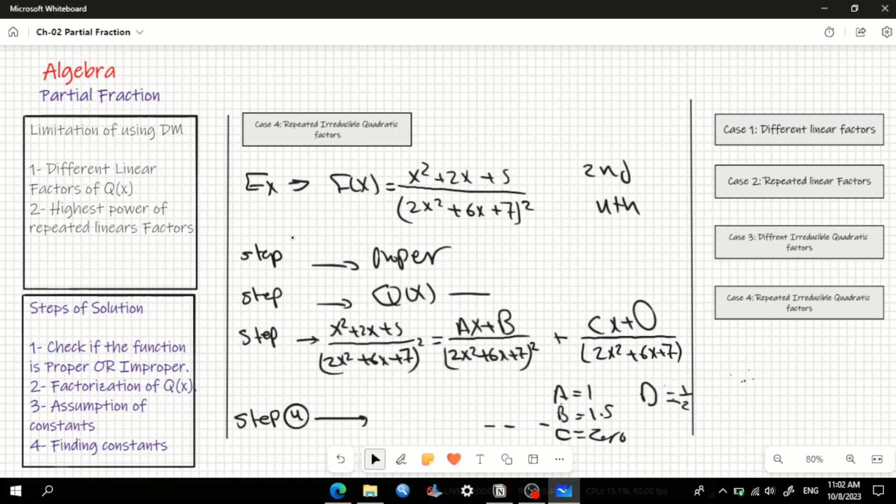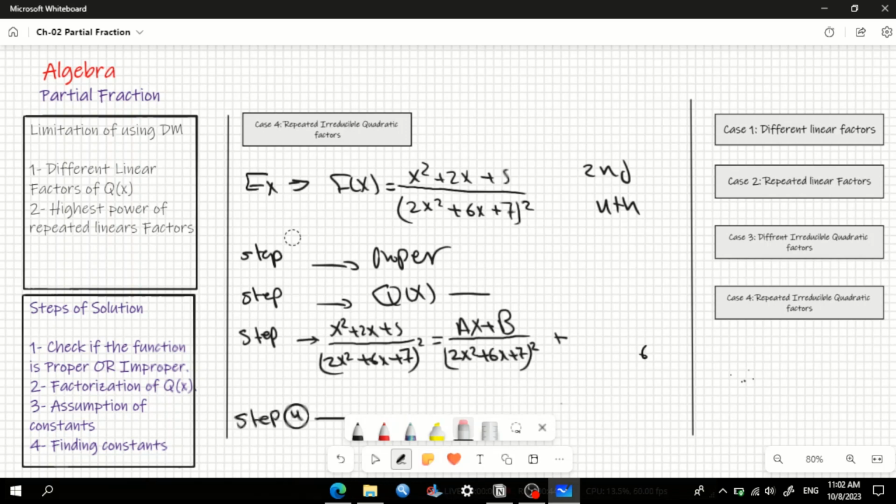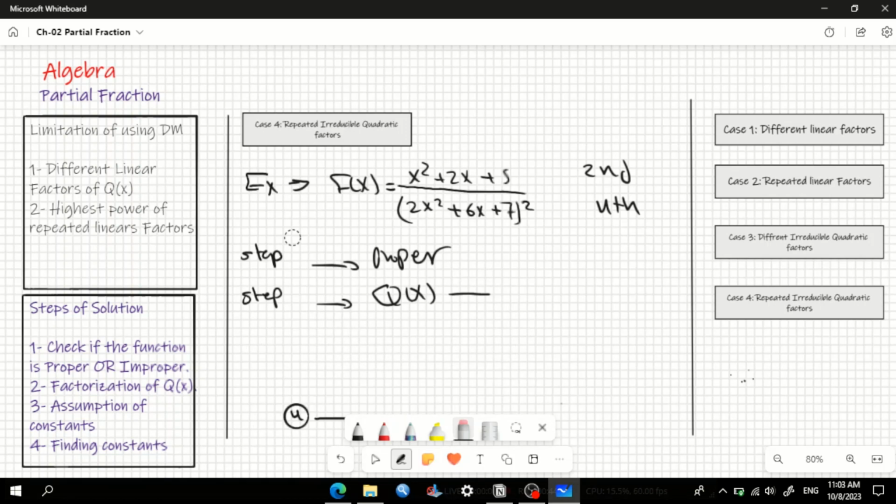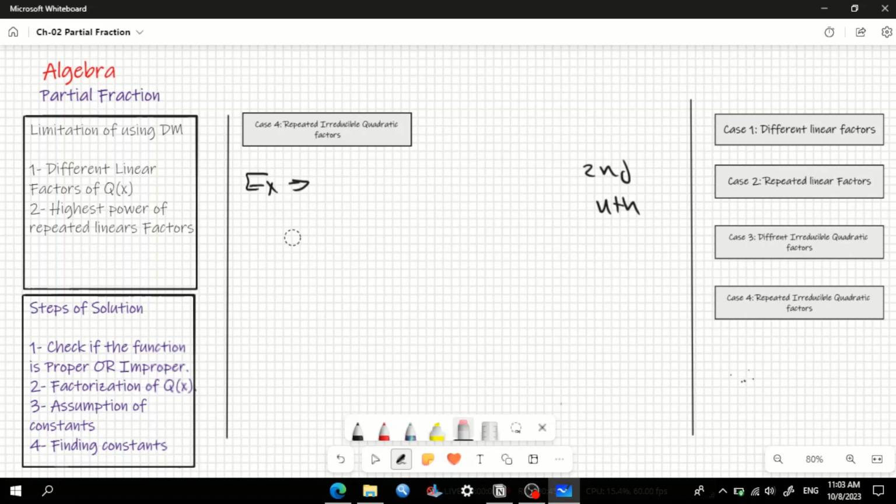I hope this lecture is clear about these four cases which we discussed. We have four cases for any fraction function.